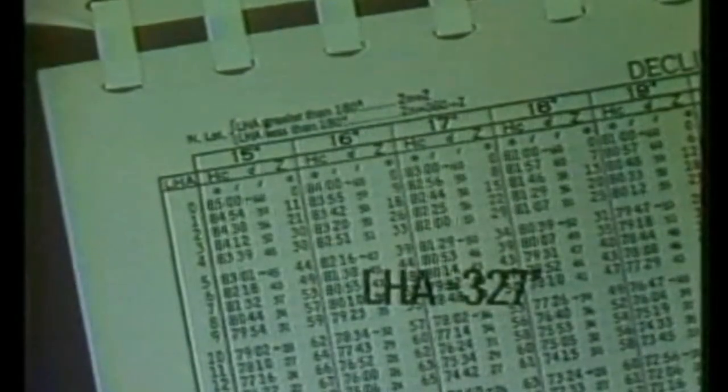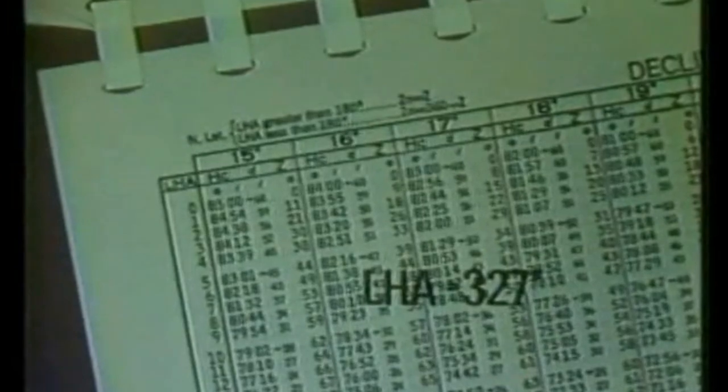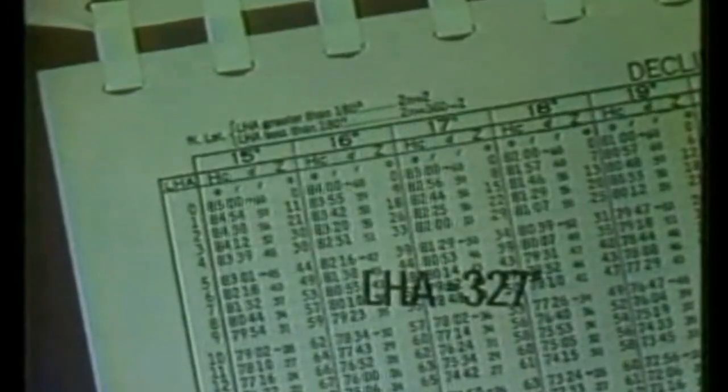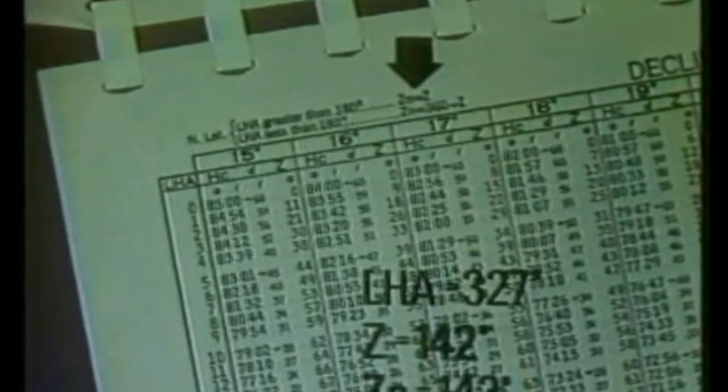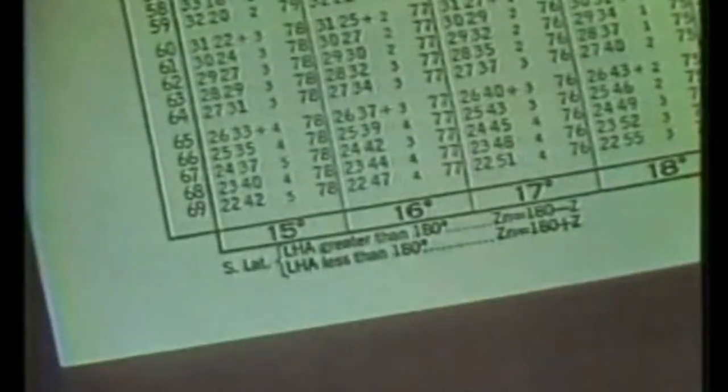LHA greater than 180 degrees, Zn equals Z. LHA less than 180 degrees, Zn equals 360 minus Z. In this case, your LHA was 327 degrees, more than 180 degrees. So Zn equals Z, 142 degrees. The lower left-hand corner of the page lists instructions for south latitude positions.